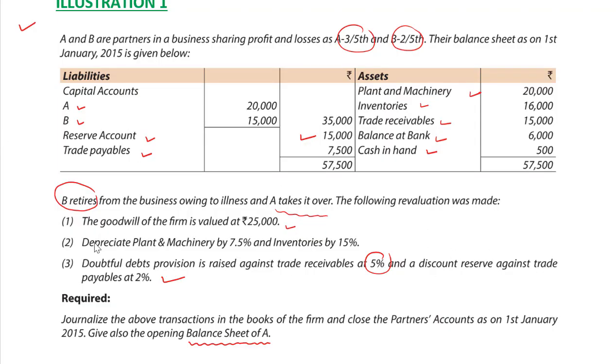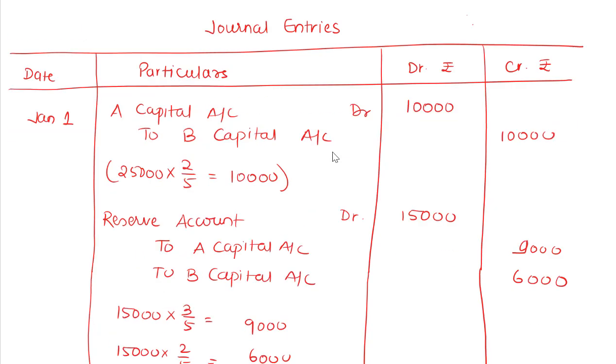Next, we need to create a reserve at the rate of 2% on trade payables. So 7,500 multiplied by 2% reserve, that is 150.